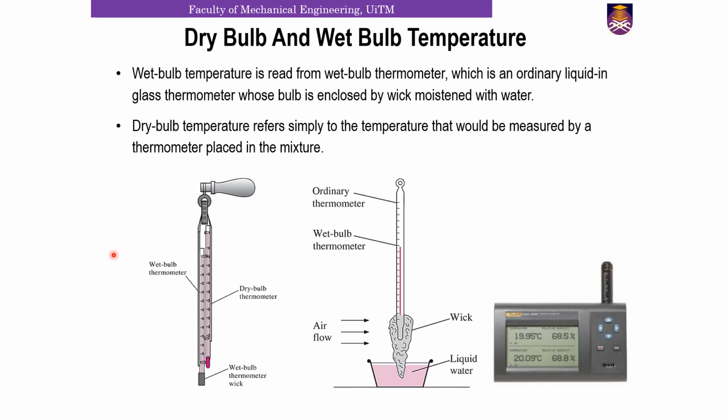Today you have handheld electronic humidity measurement devices. You have this handheld one, or you can also put it on the wall. The measurement here is based on the capacitance change in a thin polymer film as it absorbs water vapor.